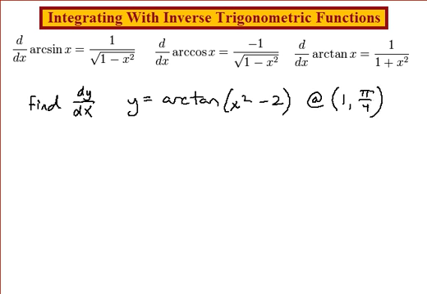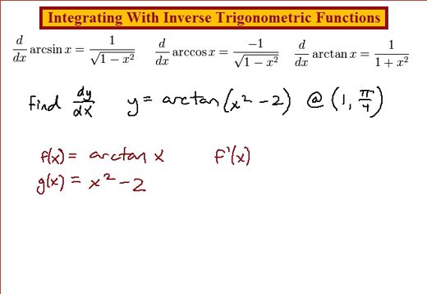If we think about this in terms of the chain rule, we can say that the outside function is arctan x. The inside function is x squared minus 2. The derivative of the outside function is 1 over 1 plus x squared, and the derivative of the inside function is 2x.